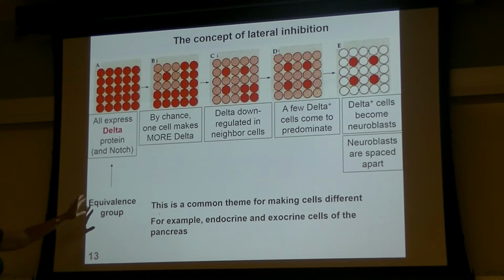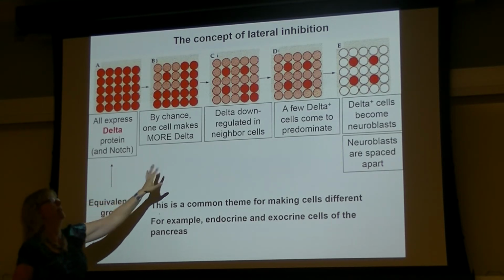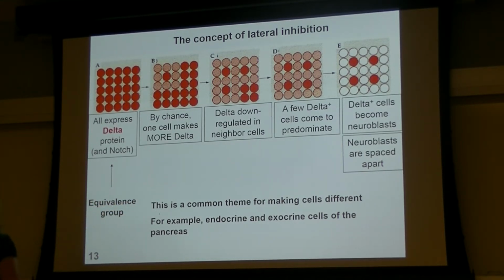This begins to change when one cell or a few of the cells begin to express more delta. And we don't really know exactly how this happens. It could be stochastic. Stochastic is a term that we use in biology to call events that are sort of random.